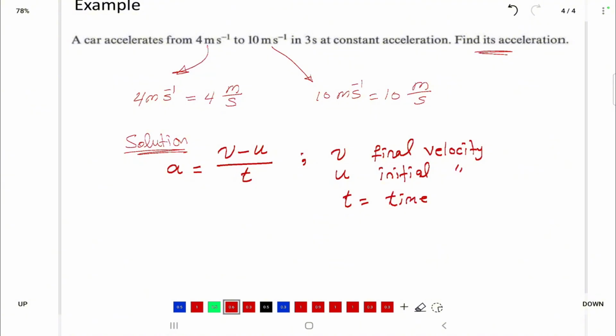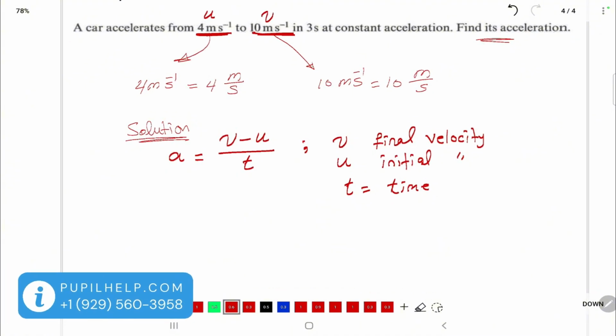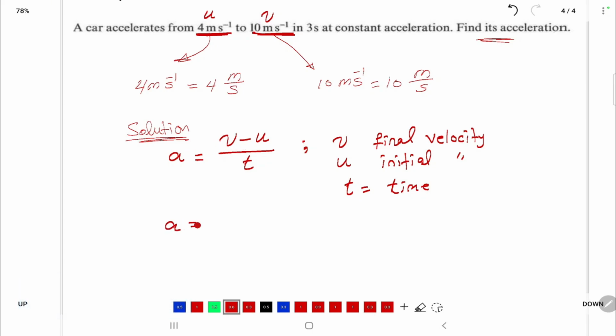So, in our question, 4 was the initial velocity and 10 the final velocity, because the car accelerates from 4 to 10. So this one is called u, and this one is called v. If we plug these values into this equation, then a will be 10 minus 4 over the time, which is 3.